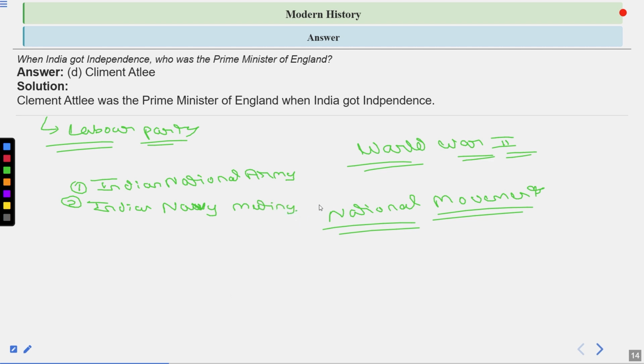These two events even challenged the armed establishment of the Britishers. So that's how the Britishers finally liberated India in 1947.